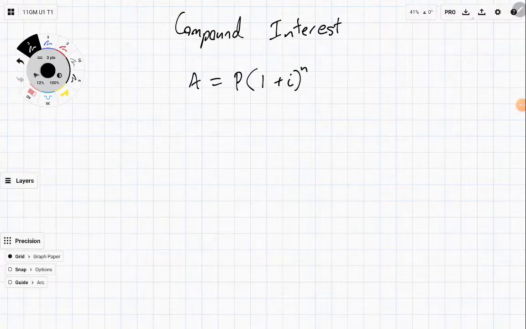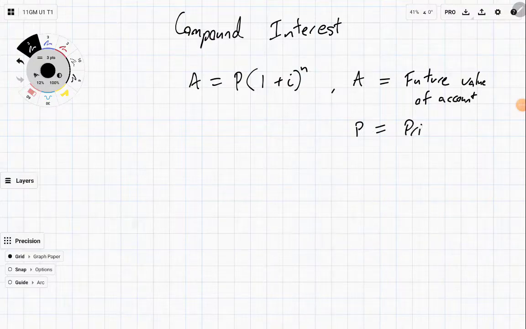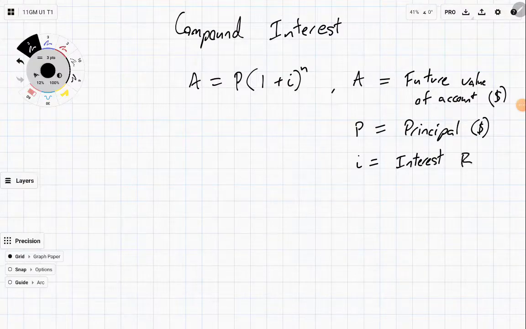So we've got A equals P(1 + i)^n, where A is the future value of the account, P is the principal, the starting amount, little i is the interest rate, which is a percentage, and n is, well, in this case, time.